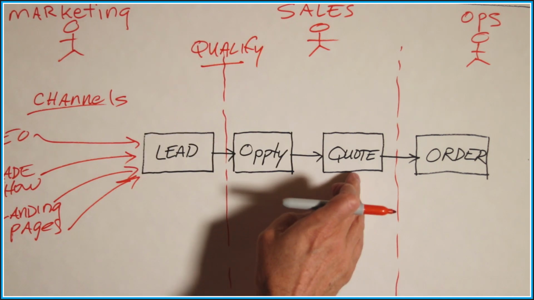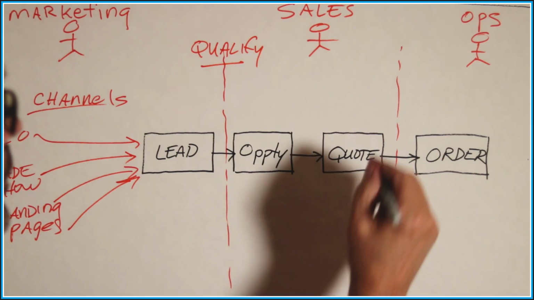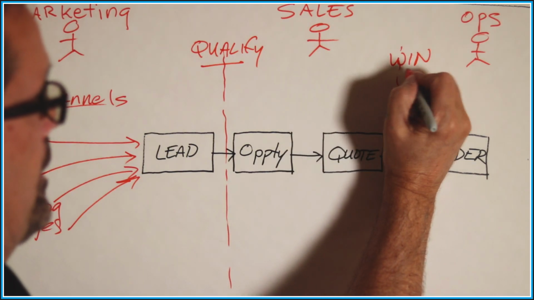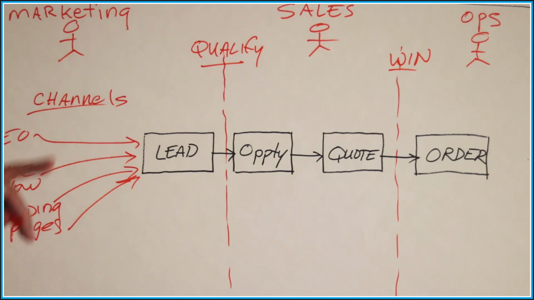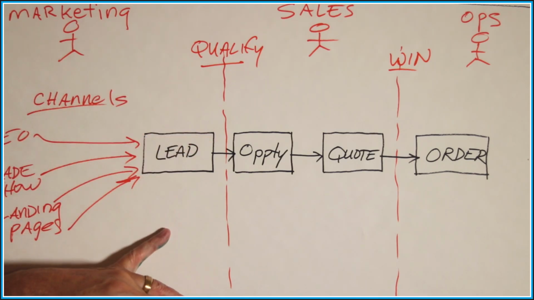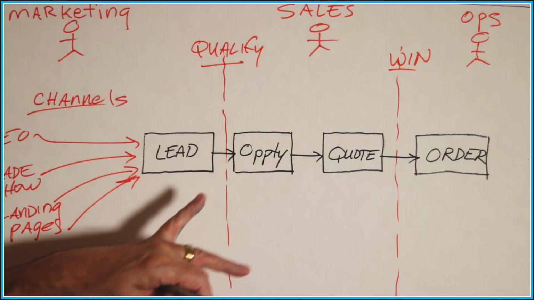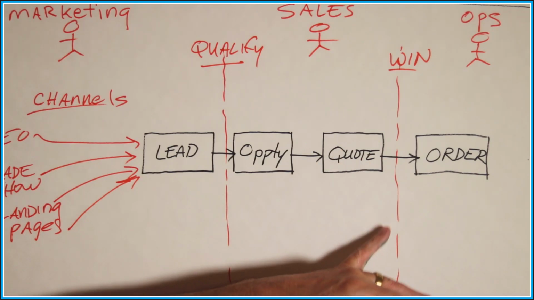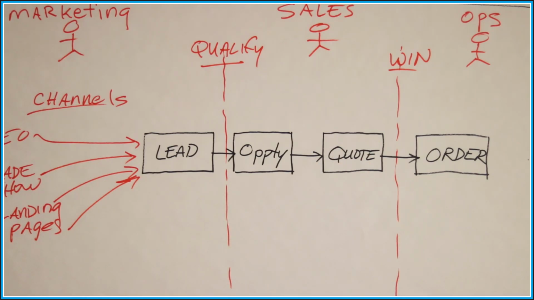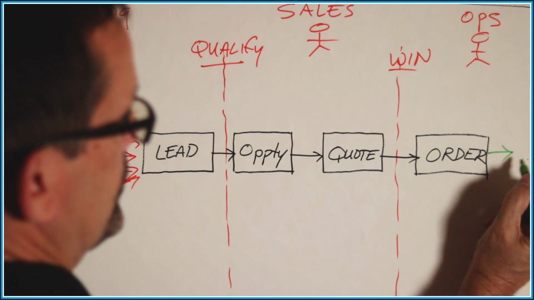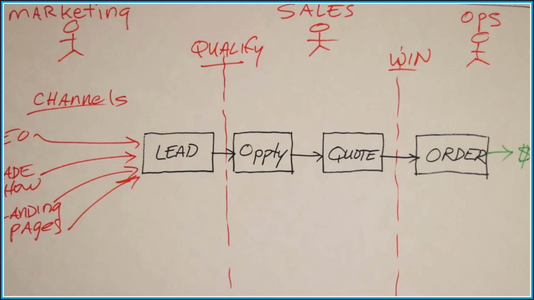And then getting a quote over the fence to orders is just a process of winning the quote. So here you have marketing. To get from marketing to sales, you qualify. From sales to ops, you win the deal. And at the end of all of that, you get to revenue.